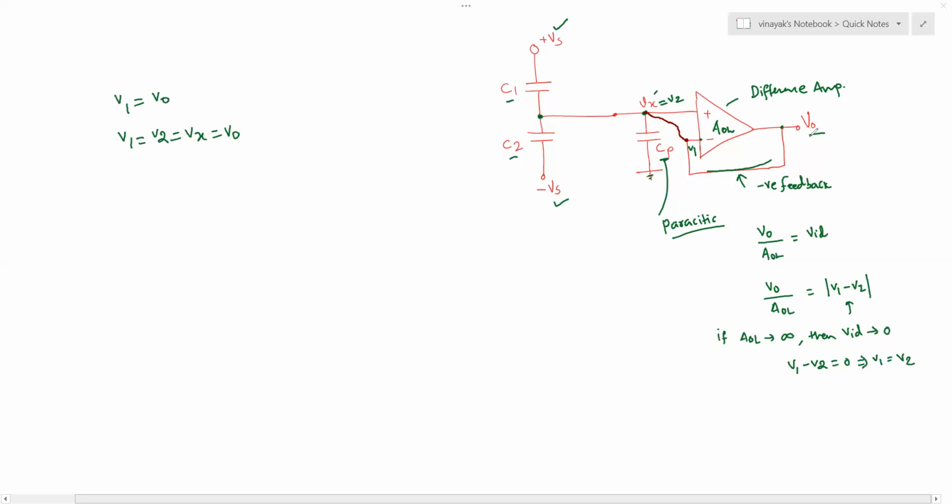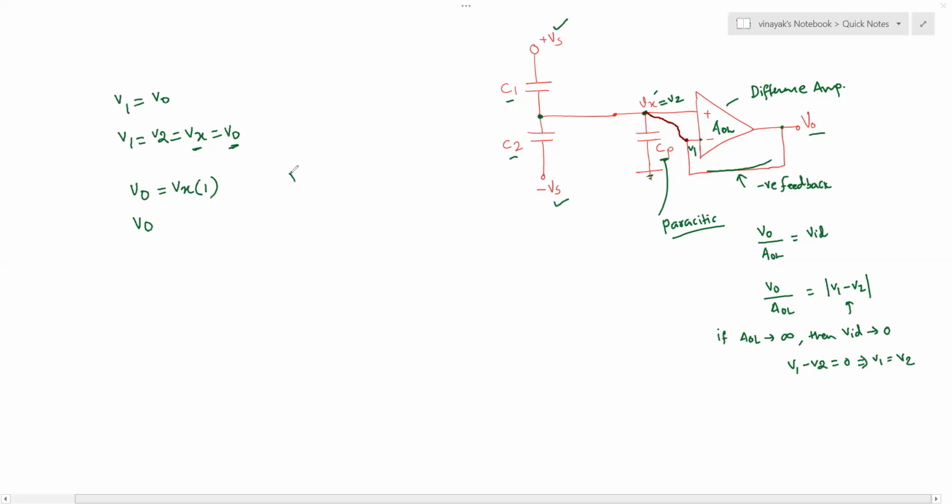Or we also say that VO is equal to Vx, and Vx is the input voltage that appears at the positive pin. So VO is equal to Vx.